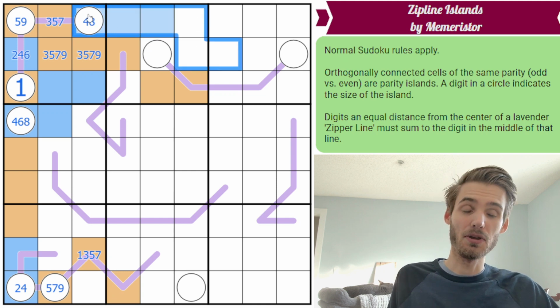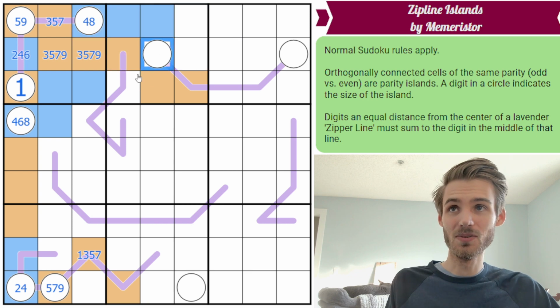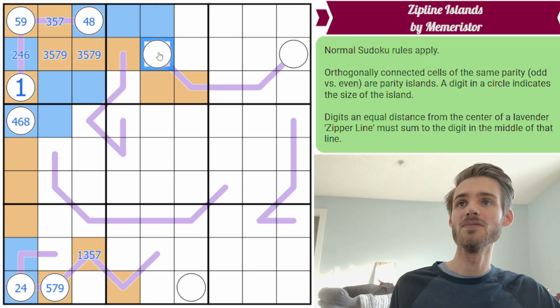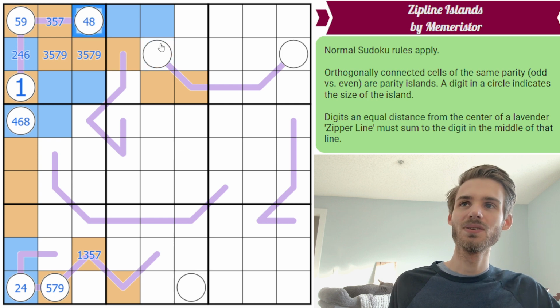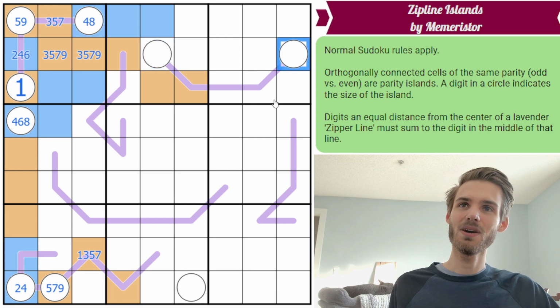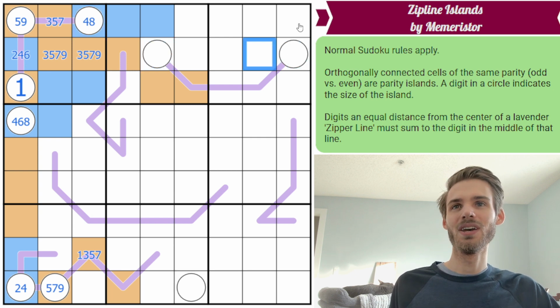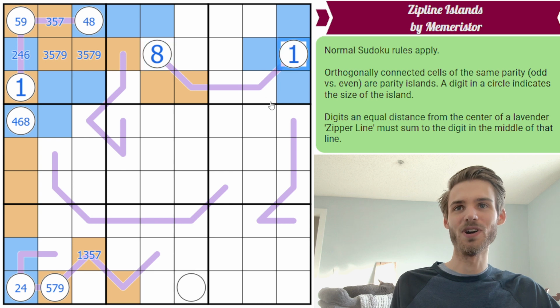And if we know it has to be 8, then of course we could always get this cell to be even. So if this was an 8, then that would have to be a 1, and these would all have to be even, because 9 would be the absolute most. So 8 and 1, and these would all be even.